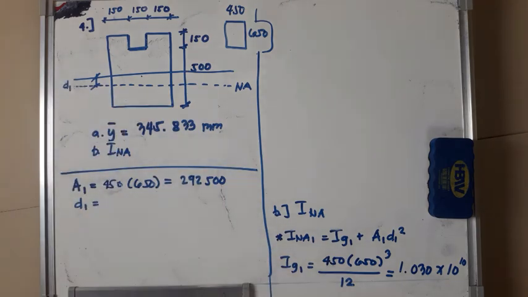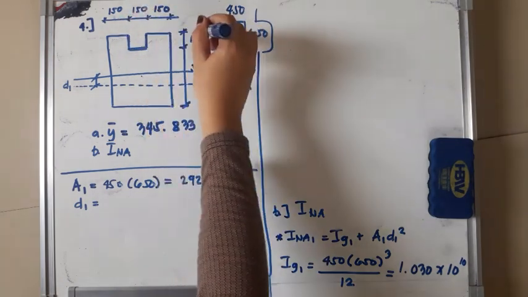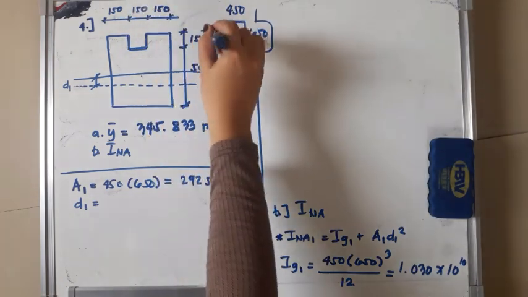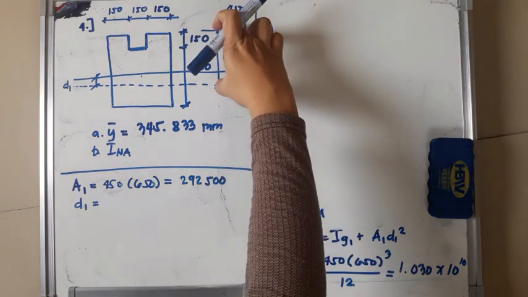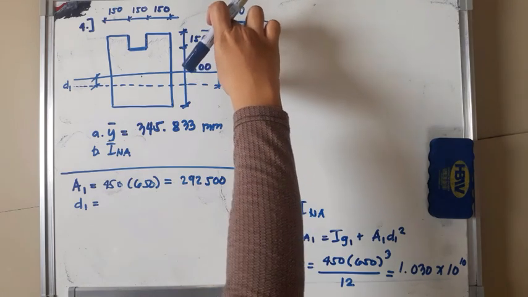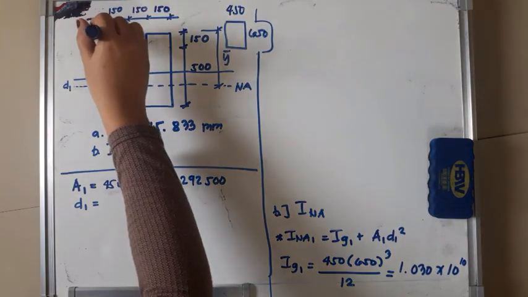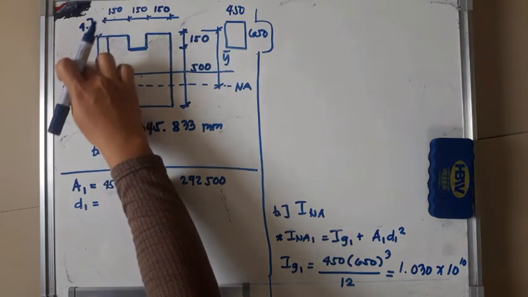What will be our D1? This distance is bar Y. Our D1 will be bar Y minus Y1. So from letter A, this is Y1.